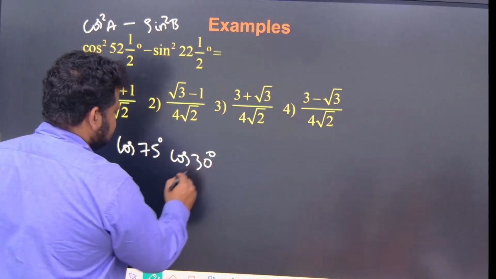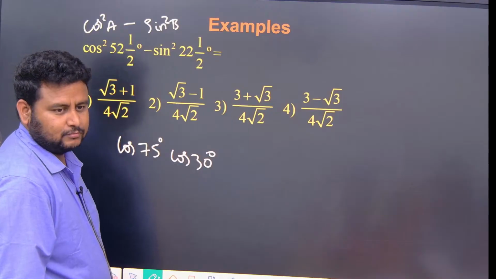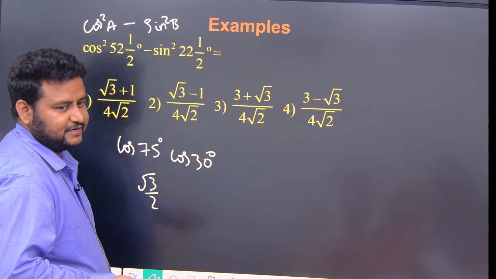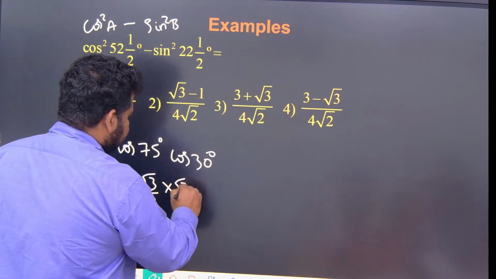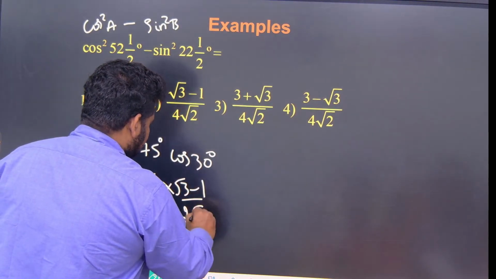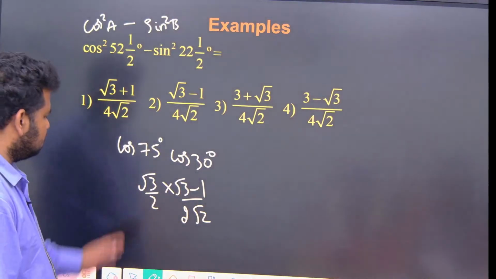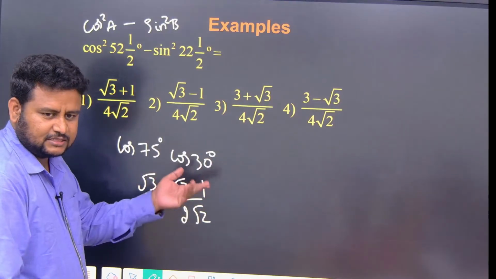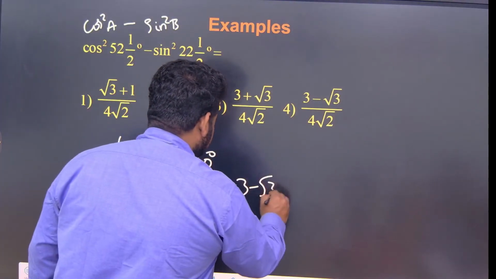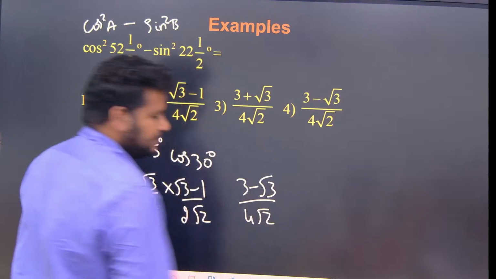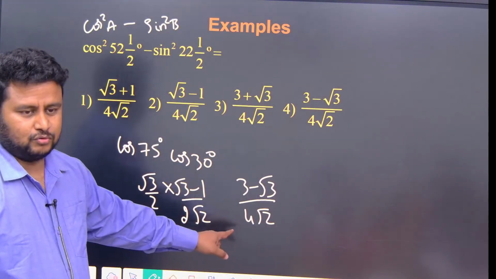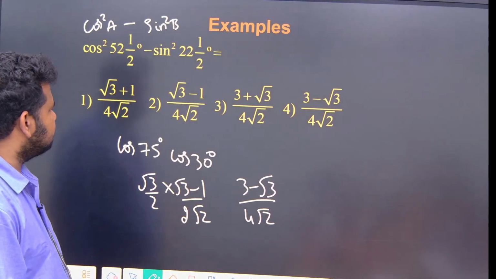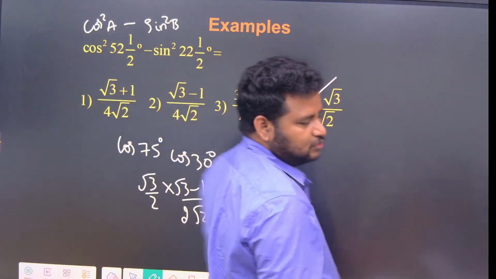Cos 30 is root 3 by 2, into cos 75, which can be written as sin 15. Sin 15 is root 3 minus 1 by 2 root 2. Let me multiply the root 3 here. Root 3 into root 3 is 3. So 3 minus root 3 by 4 root 2, not 4 root 3, 4 root 2. So the answer is the fourth option.